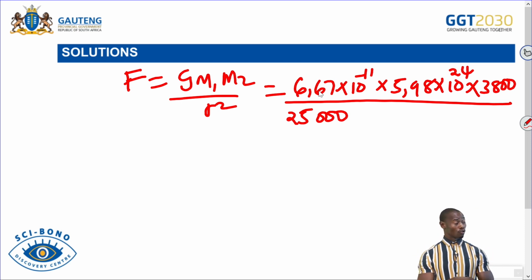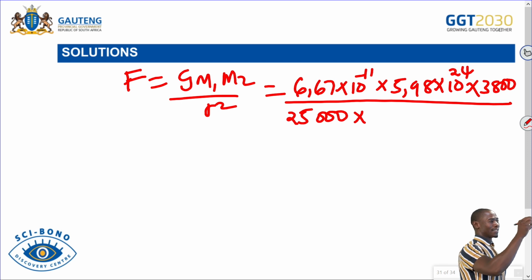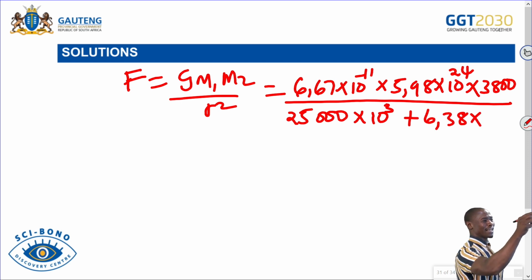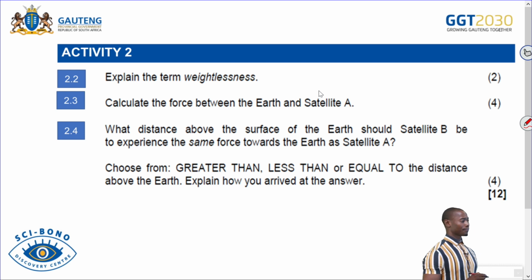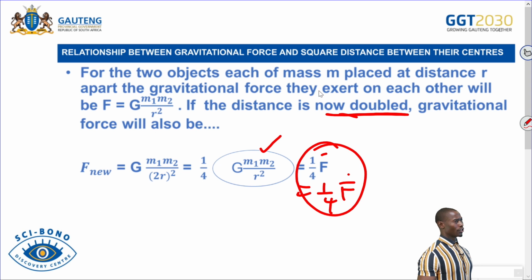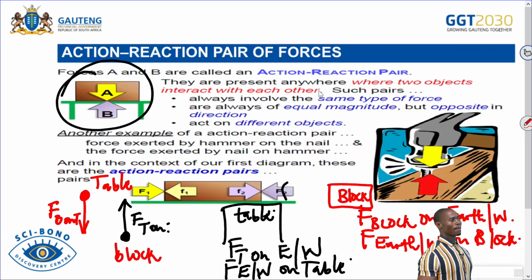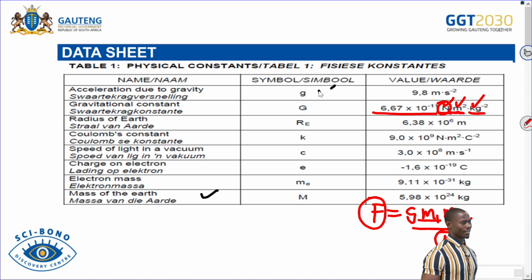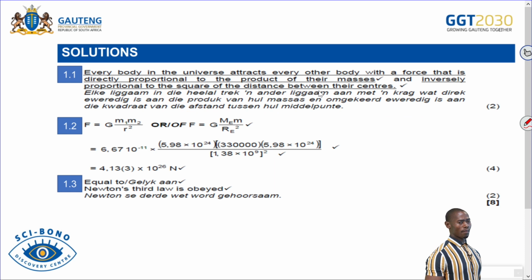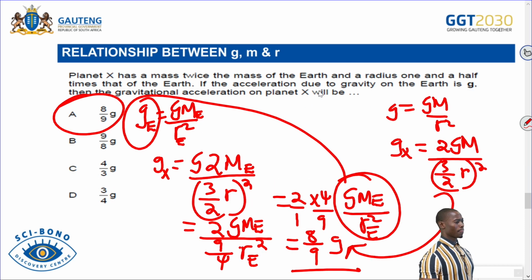We multiply by 1,000, which is times 10 to the power 3, plus 6.38 times 10 to the power, let's just check, is it power 6 or power 8? There's no need for us to memorize it. It's power 6.